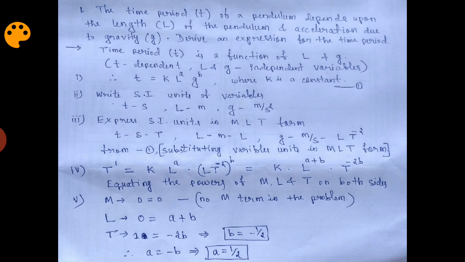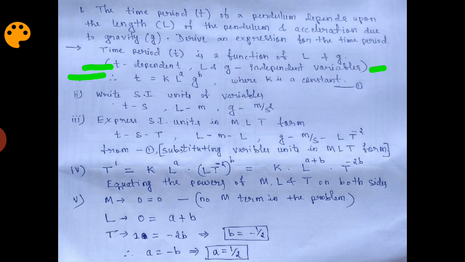So the equation, as the first step, is T equal to K L raised to a g raised to b. This is the first step after finding the dependent and independent variables. Dependent variable is equal to constant K into independent variables, L raised to a, g raised to b. Here in this problem there are two independent variables. If the number of variables is more than 2, then another will come.